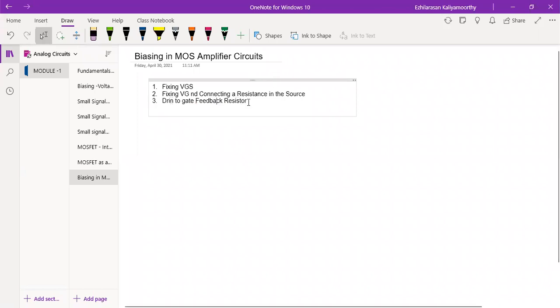So these three biasing techniques we are going to see. One more, the fourth, is a constant current mirror. That is also there, but we are going to study only these three biasing techniques.